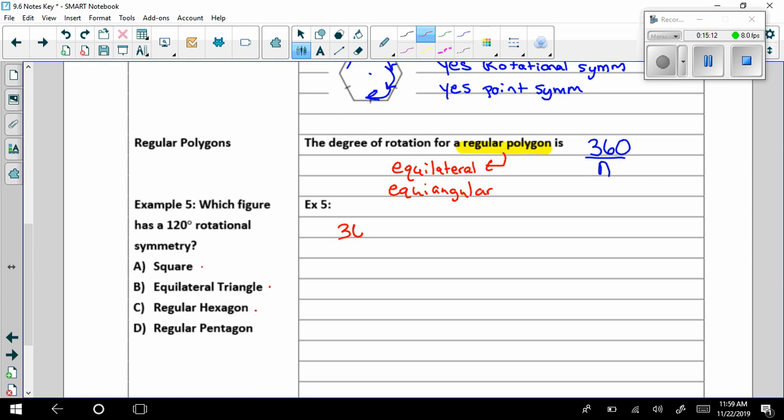So this is asking, when we take 360 and divide it by n, which one of these will give us 120? So we multiply by n, and we get 360 equals 120n, divide by 120, and n equals 3. Well, that's the number of sides. The only thing listed in here with 3 sides is B, an equilateral triangle.